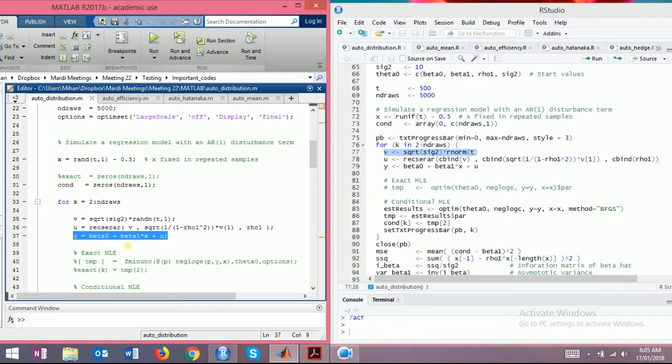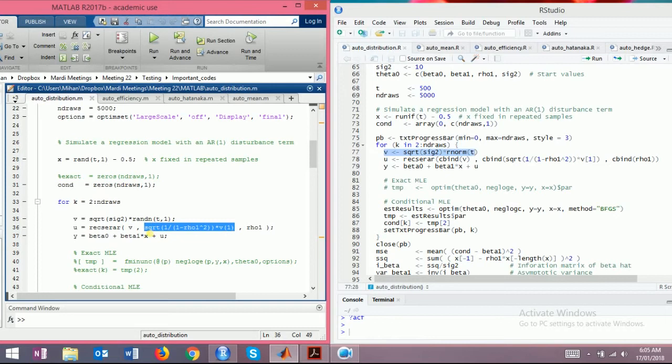Now as you have u generated, I mean the recursive series for u has been generated, the only thing you need to remember is our residual for u is v here, and our x is v, and this multiplied to v gives us the exogenous variable.